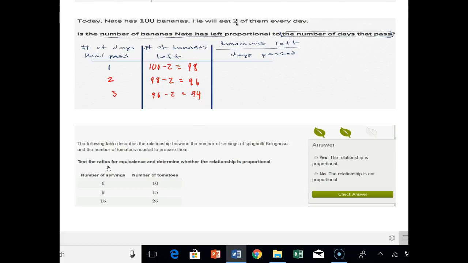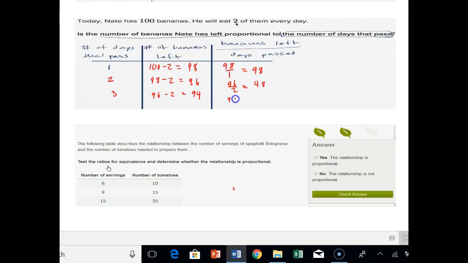All right, so think about this. This seems like it's proportional, because we're just going down by 2 every time. But again, bananas left to days past. That's 98 over 1. How did I get that? Bananas left to days past. 98 over 1, so that equals 98. But then we have 96 over 2 on the next one, and 96 divided by 2 is 48. So wait a second, those aren't proportional because that's not the same rate.